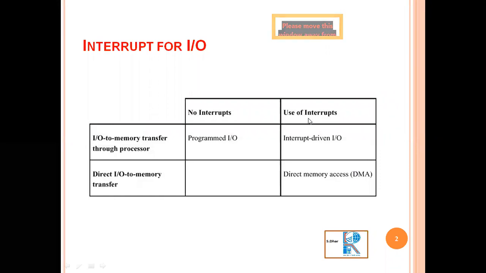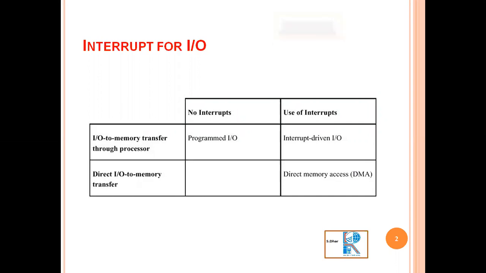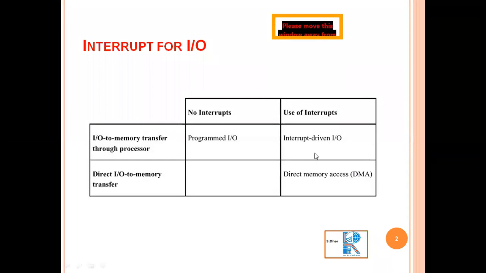In programmed I/O, what is the disadvantage? The disadvantage is that after some period, the CPU has to check whether the device is ready to transfer the data or not. But in interrupt-driven I/O, the CPU does not have to be engaged every time. Whenever the I/O is ready, or the I/O has to read data from the memory, it will send an interrupt signal.